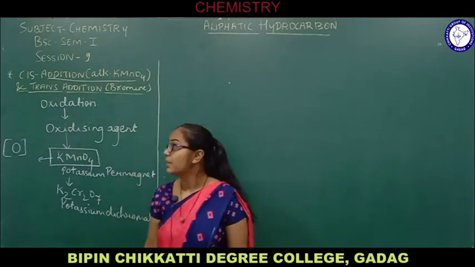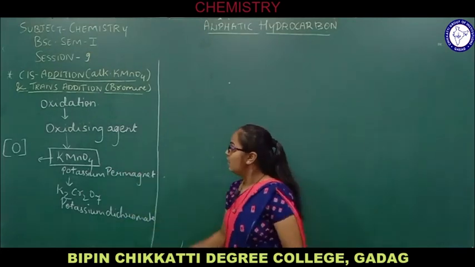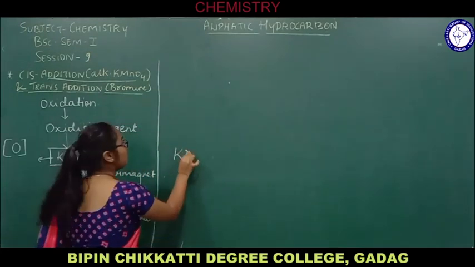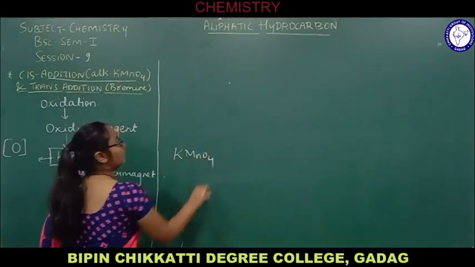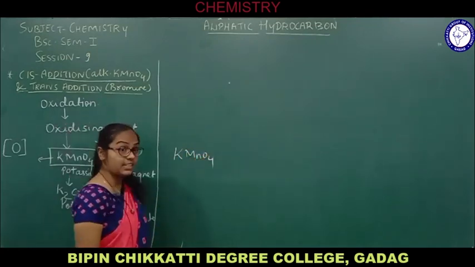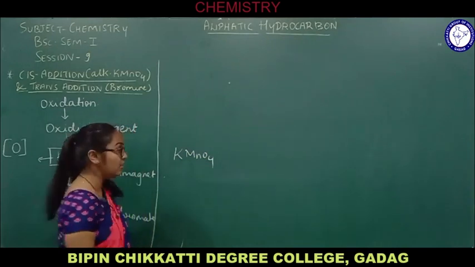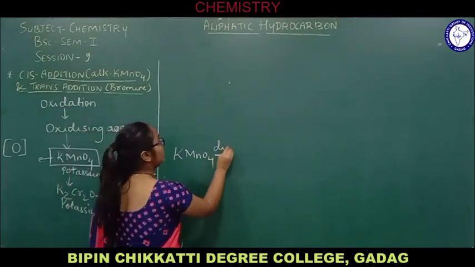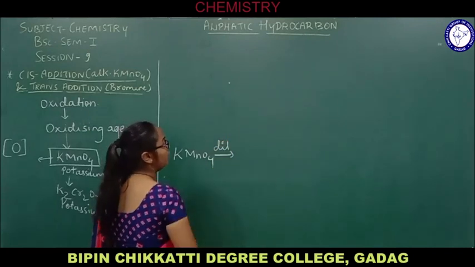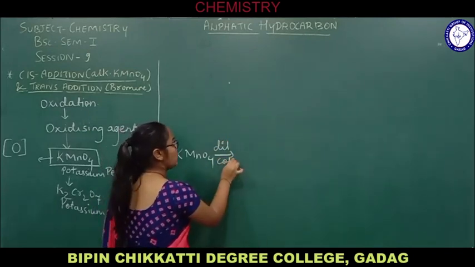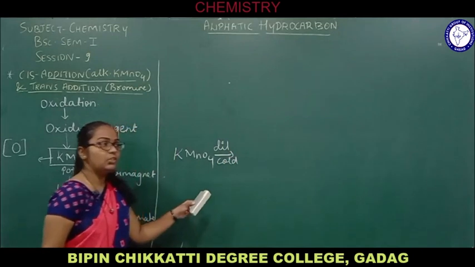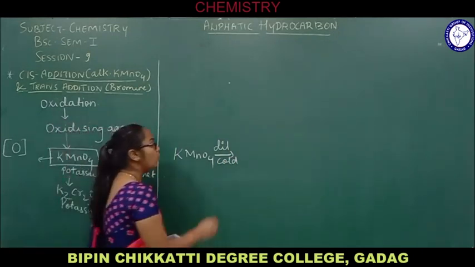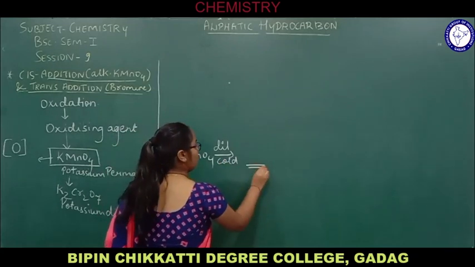Now children, when potassium permanganate is treated with an alkene, either in the form of diluted cold potassium permanganate, you will get a certain product.